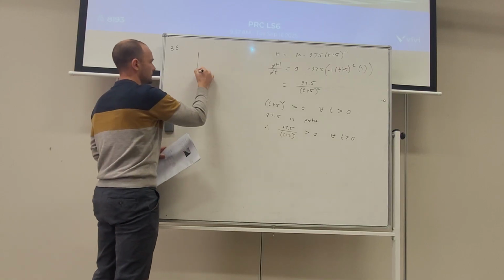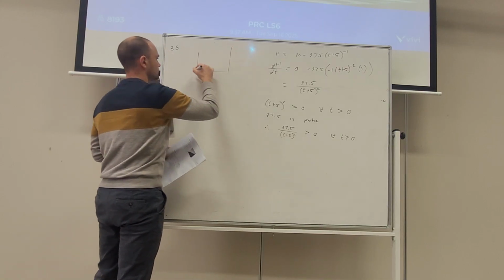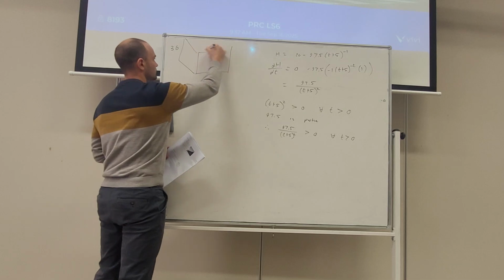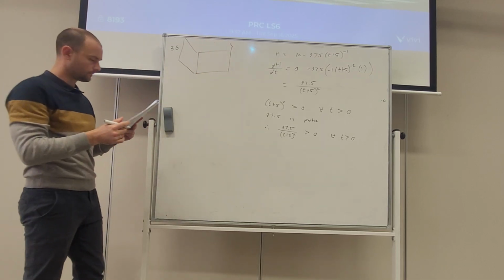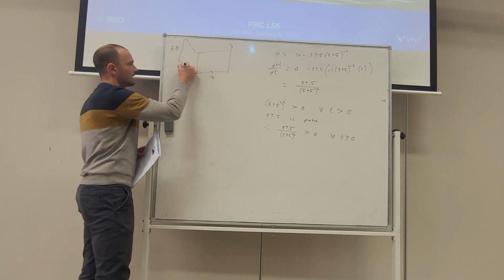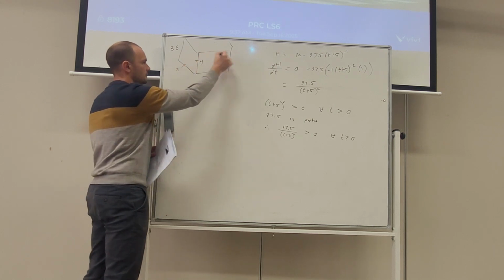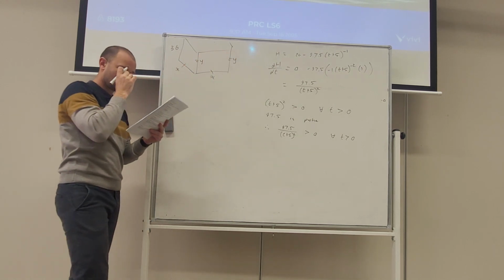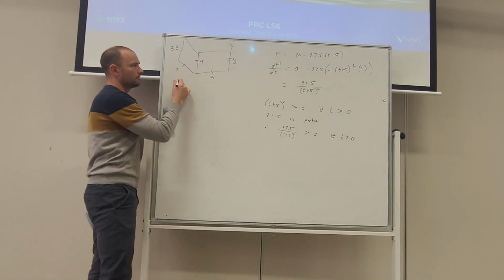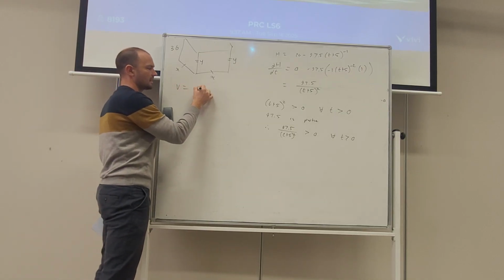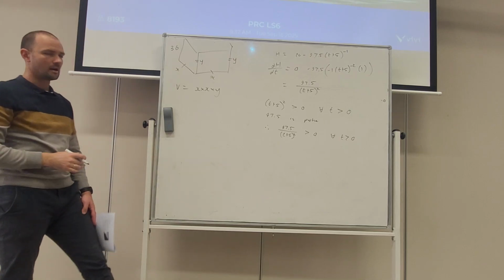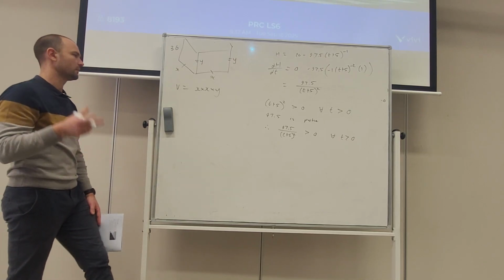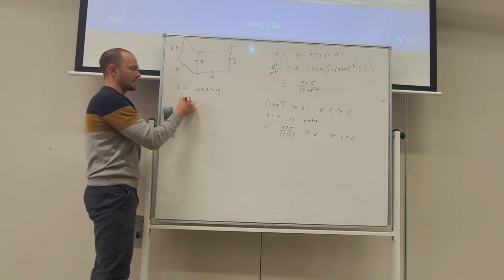So here's our box here. The base is x, and the sides are y. Its volume is length times width times height, which is x squared y.